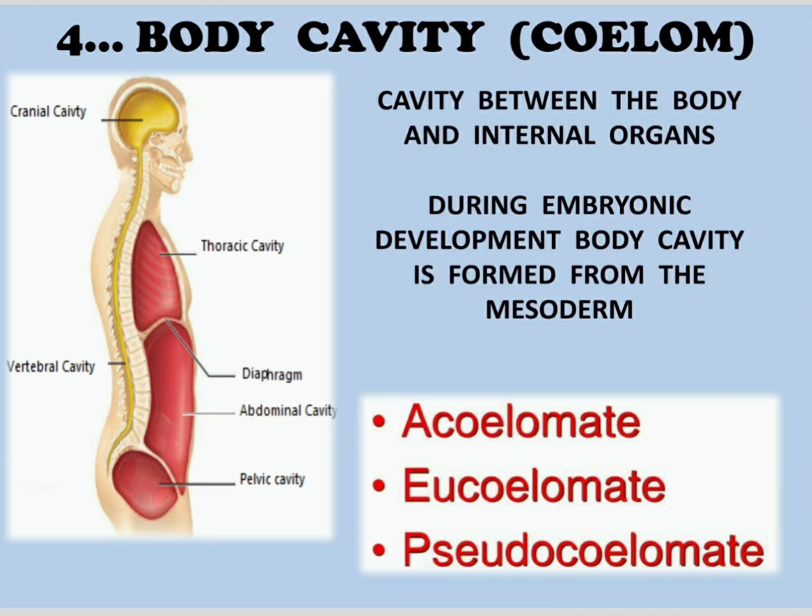But there are some organisms in which the cavities are not present, and there are some organisms in which there is not an actual cavity present, but it looks like a cavity. So all the organisms in which the cavity is not present at all are called acoelomate organisms.